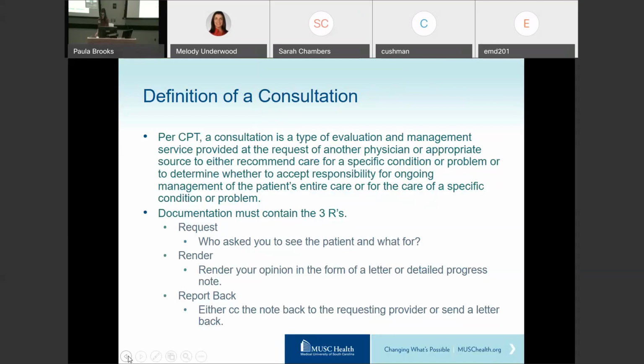So the consultation, what the definition actually is of a consultation, like I said, is that this type of E&M service is provided at the request of another physician or an appropriate source to either recommend care for a specific condition or problem, or to determine whether to accept responsibility for ongoing management of the patient's entire care, or for the care of a specific condition or problem.